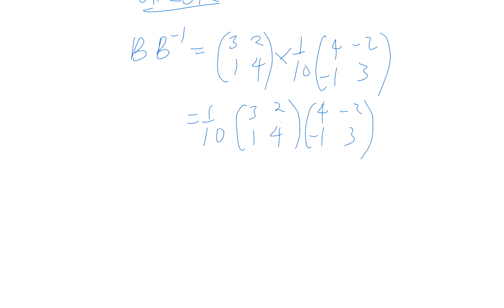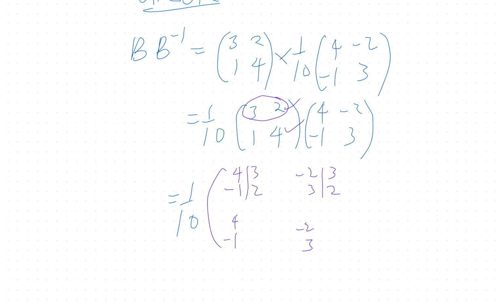You keep the 1 over 10, and since you have 2 rows here, you write 4, minus 1 twice, and then minus 2, 3 twice. Then you bring the rows 3, 2 and 1, 4 over them like that. So that is taken care of.